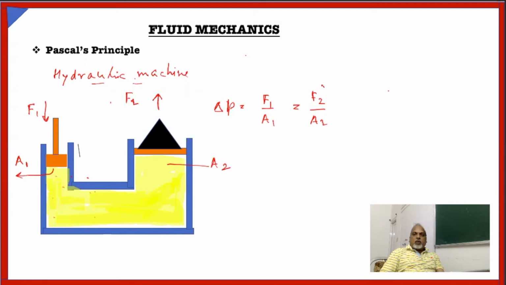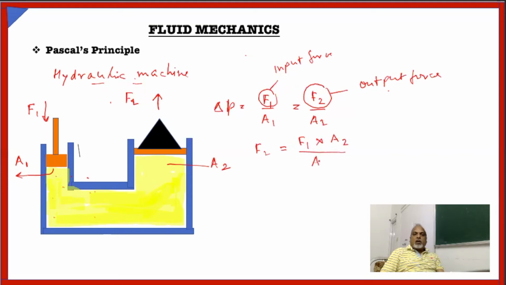So this is called the output force, and this is called the input force. So let us see what the output force is. It is nothing but F2 is equal to F1 into A2 upon A1. This is the principle of hydraulic machinery.